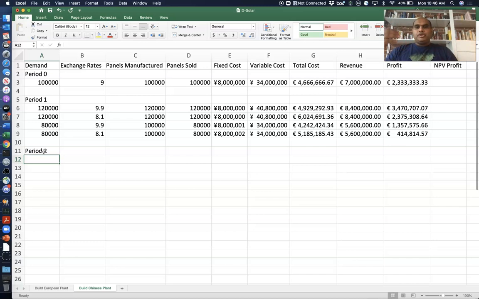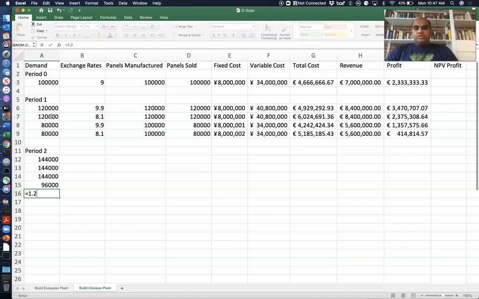So again, I'm going to do it the way that I like it. I'm going to put everything in the order of demand first and then the exchange rates, right? So demand can go up to 144,000. Or it can go down to 96,000 from 120,000.